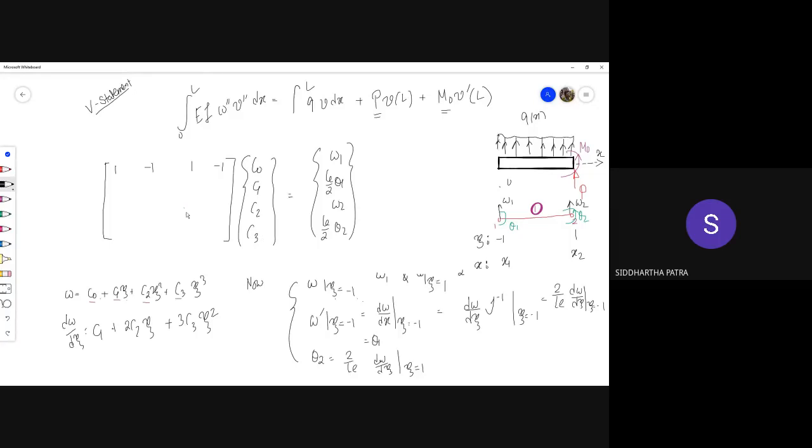Similarly, the third row is 1, 1, 1, 1. When we write the second row, please remember there is no coefficient for C0, so this is 0. This one is 1, this one is -2, and this one is 3. And the fourth row is 0, 1, 2, and 3.